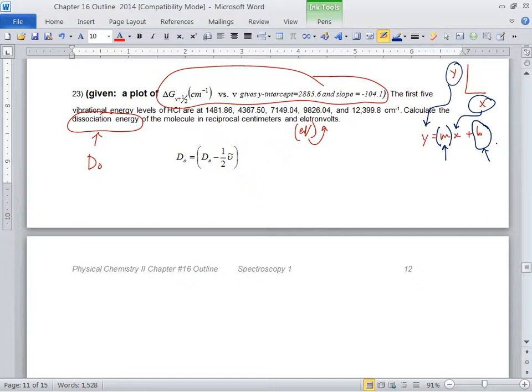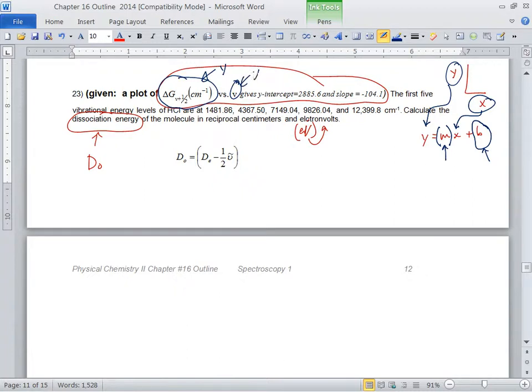So what we need to do is, it's the delta G versus v. That's got to be your equation. Here's your y right here. What's going to be your x? The x is going to correspond to the v.